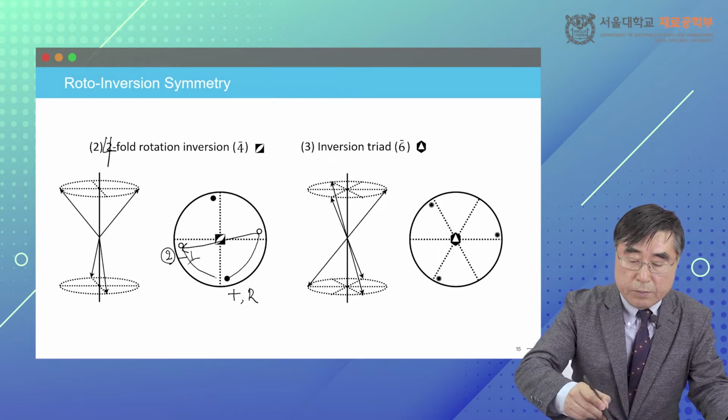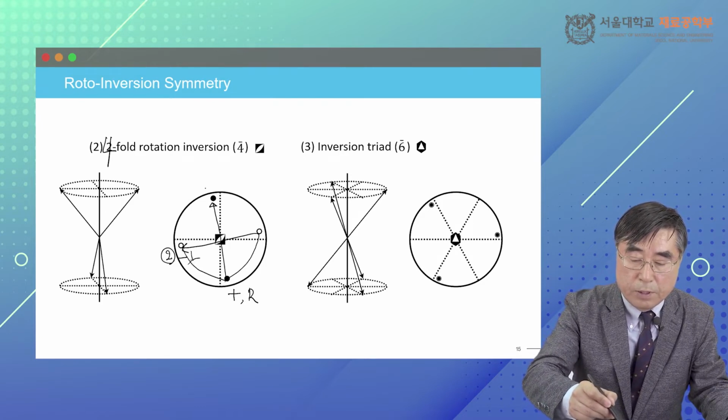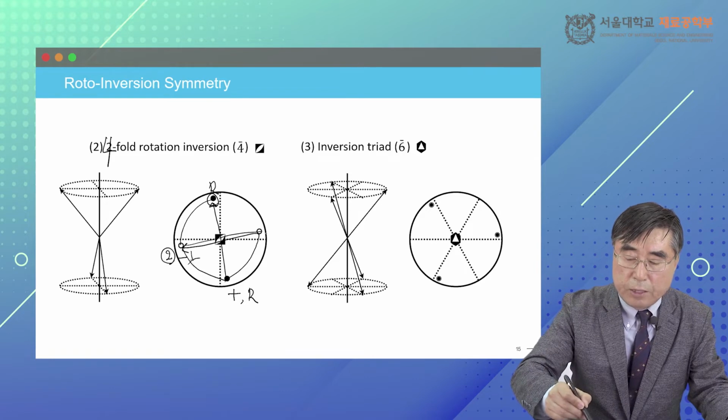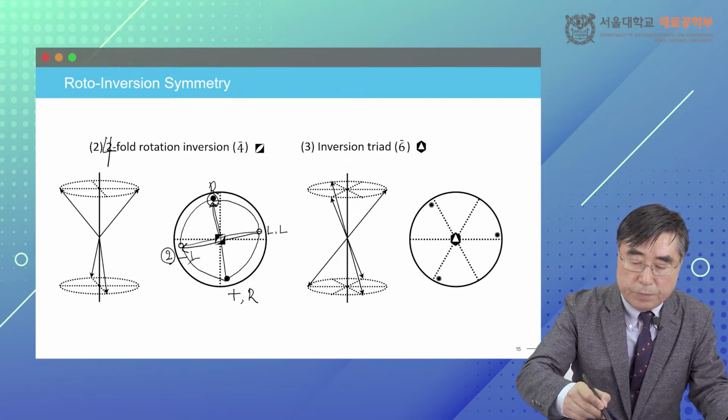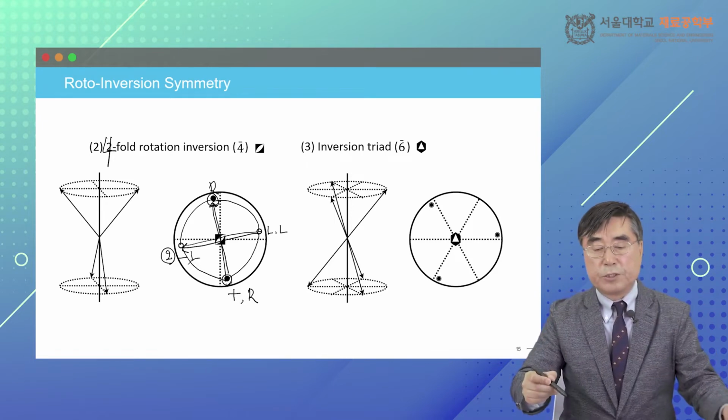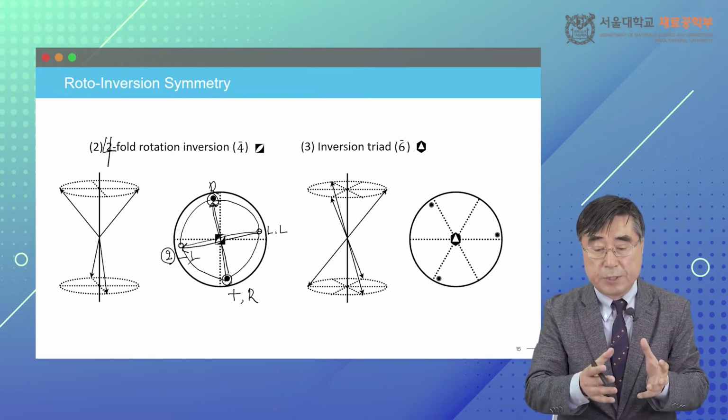Again, down pole, left, inversion. So it's upper pole, this is right hand. Again, 90 degree rotation inversion, down pole, left hand. 90 degree rotation inversion, it comes to the original position. So now all the symmetry operation is done.